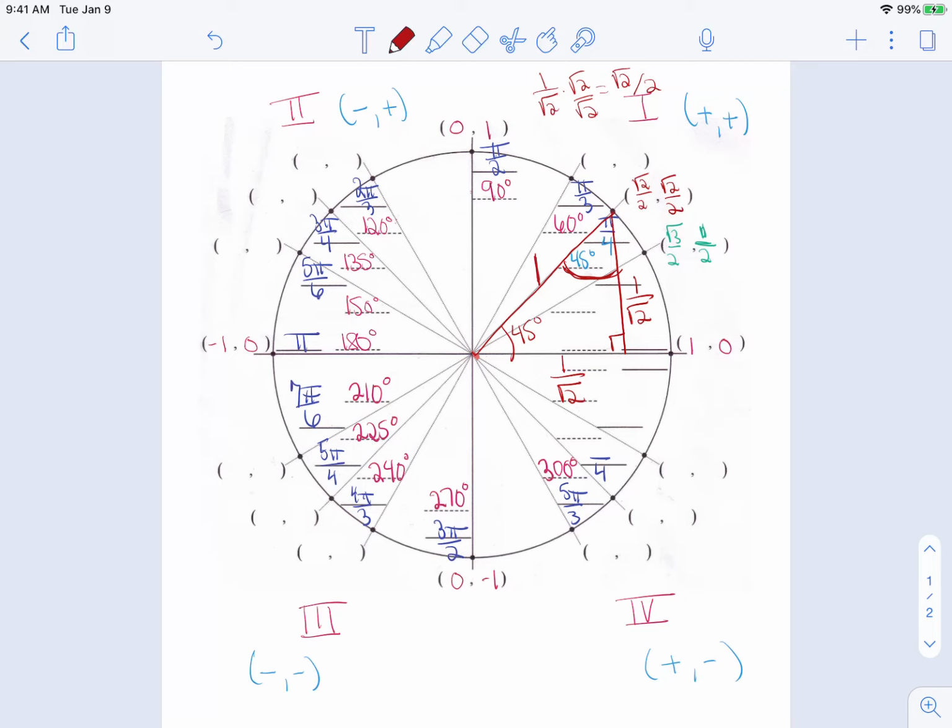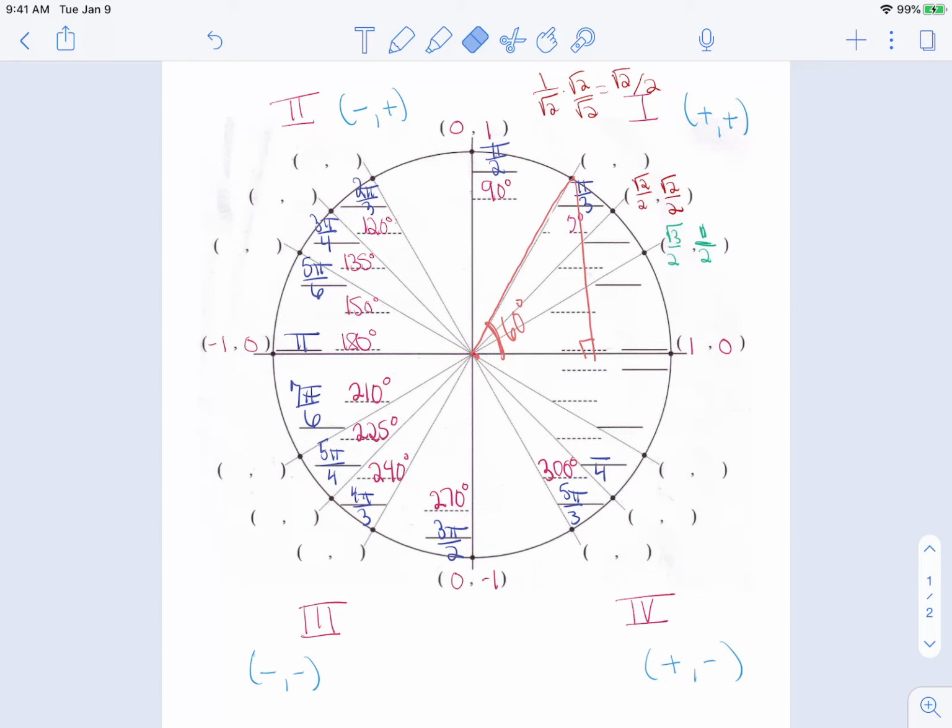All right, let's try one more. Again, I'm going to erase some things so I can focus on the other stuff. Now I create a triangle with this one. What that's telling me is that this angle here is now 60 degrees.